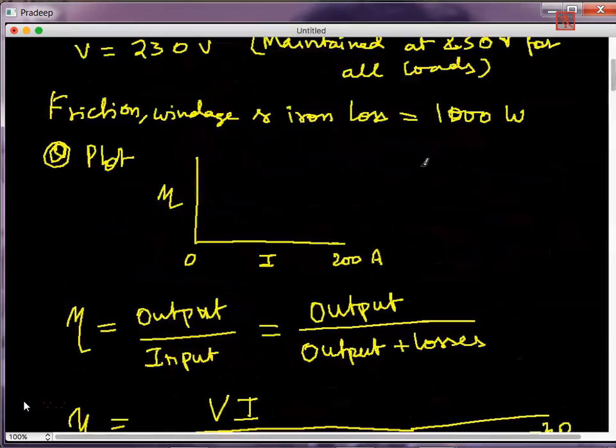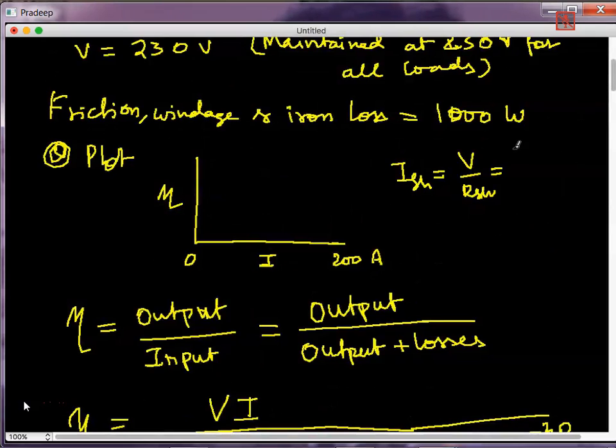So let me calculate that. What is ISH? ISH is nothing but V by RSH, that is 230 volts divided by 70 ohms. We had done that calculation before, but let me once again quickly do it. 230 divided by 70 is 3.28 amperes.